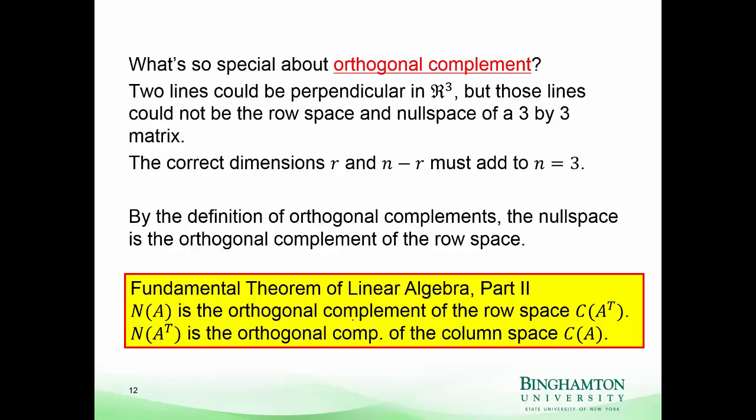So you give me any vector in the whole space in which these two spaces lie, and I can write that vector uniquely with one vector in N of A and one vector in C of A transpose. And likewise, you give me any vector in the other space, and I can write it as a sum of one vector in the left null space and one vector in the column space. And that is powerful and remarkable.